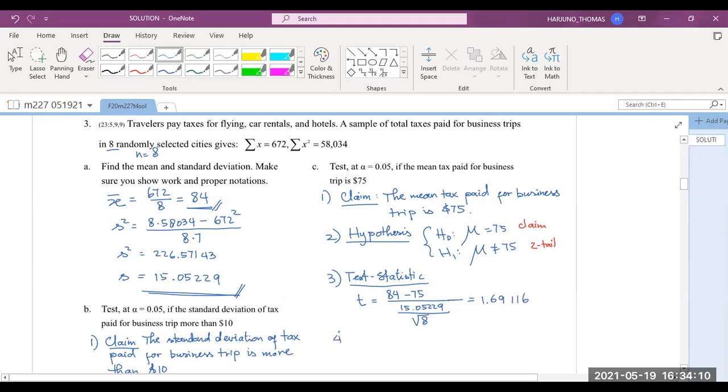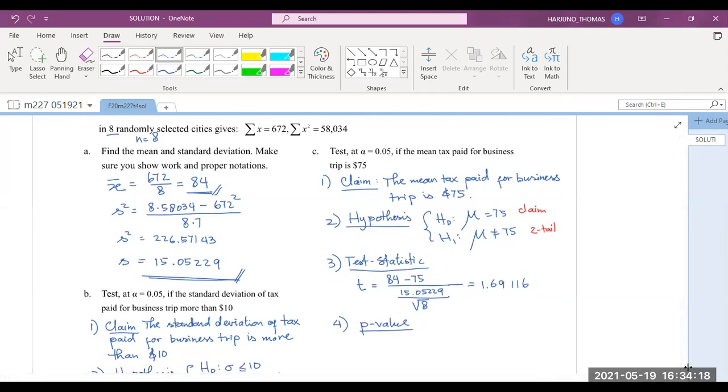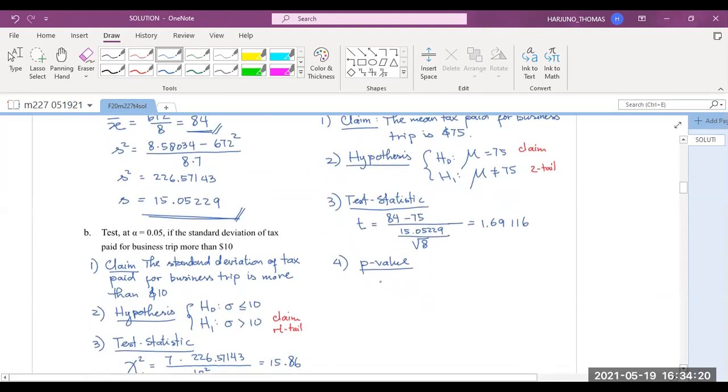That's the test statistic. How about p-value? That's 1.69116, the area to the tail, but I need to double because it's a two-tail.